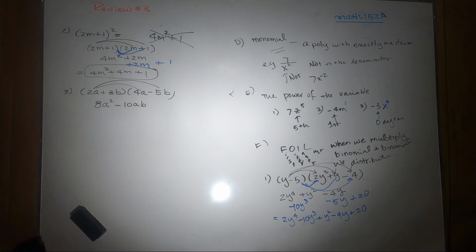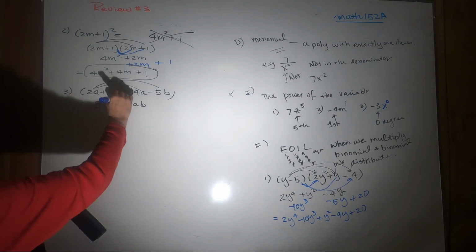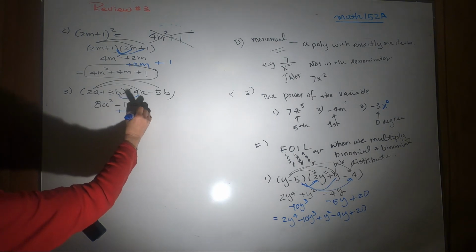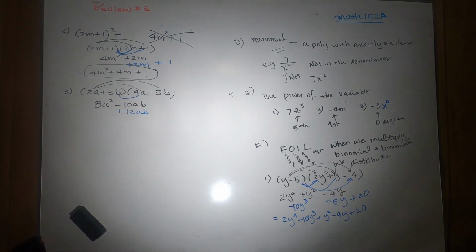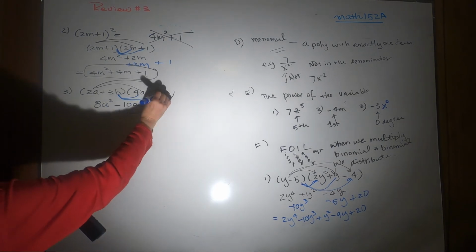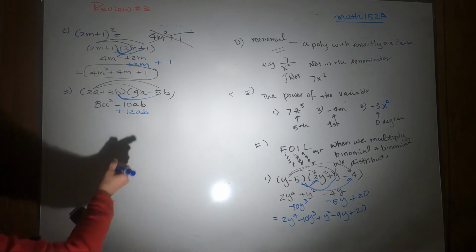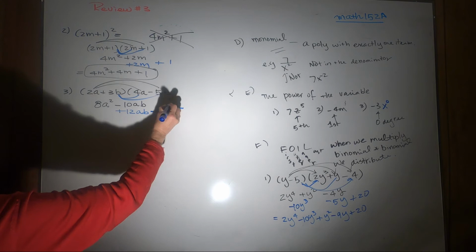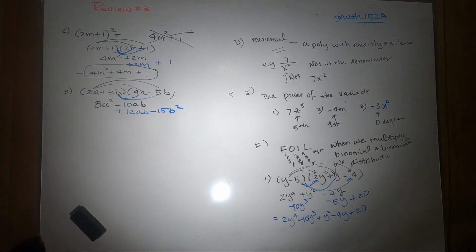Then the bottom rainbow, 3b times 4a, positive 12ab, right? Usually we follow the alphabetical order when we write it. Then last one, 3 times 5, negative 15, b times b would be what? b squared. Then we simplify them, then put the things alike together.